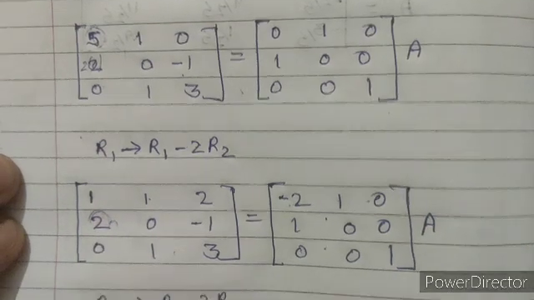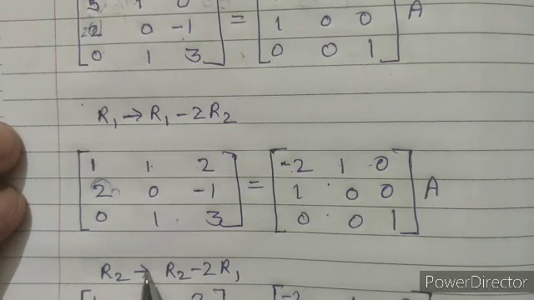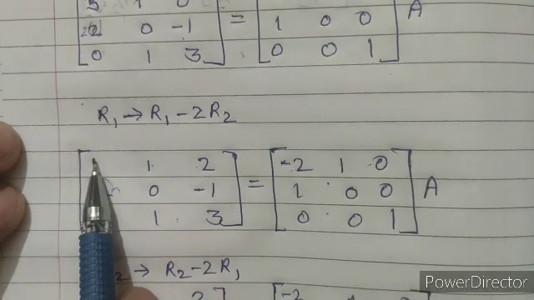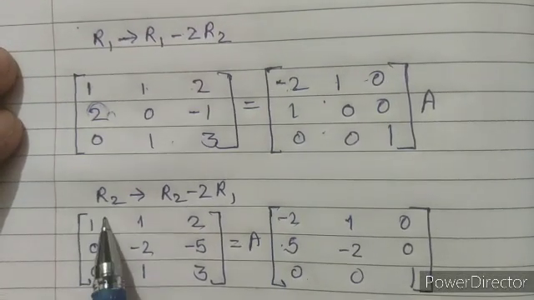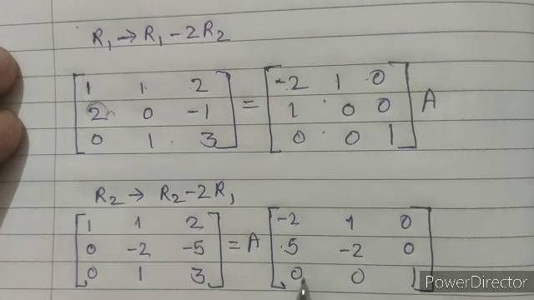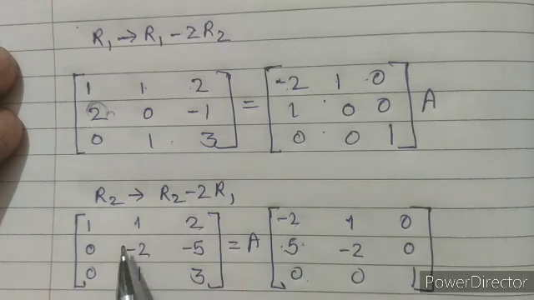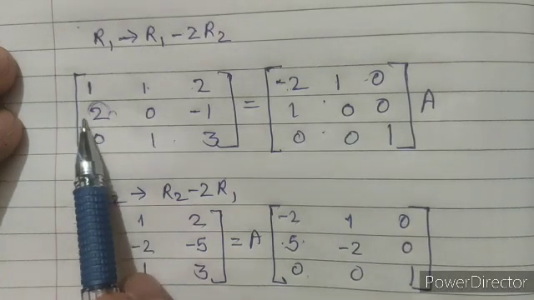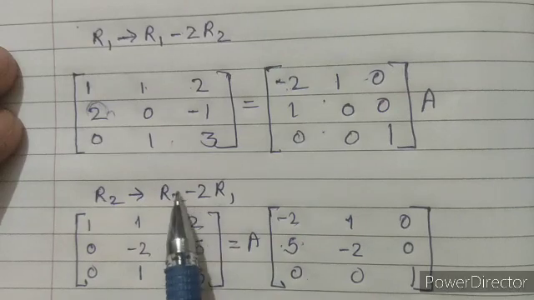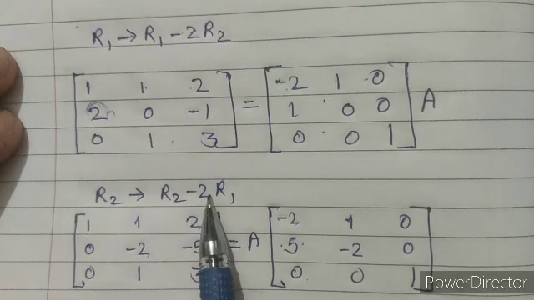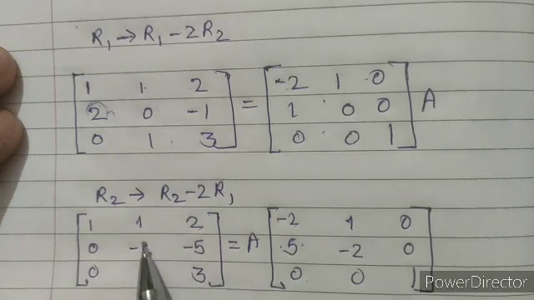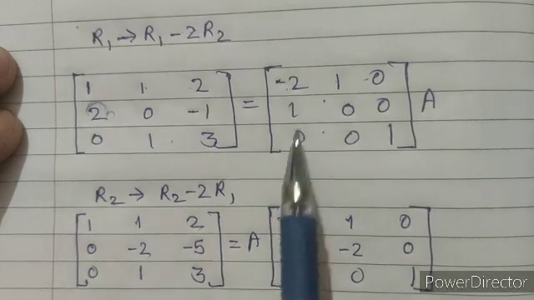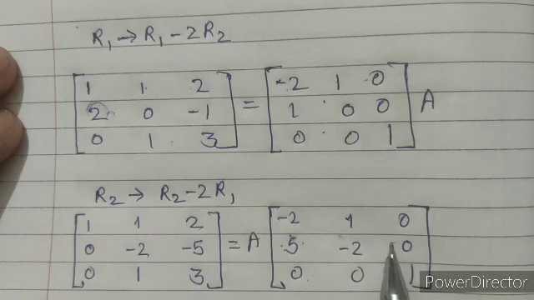So we will apply the transformation as R2 changes to R2 minus 2 into R1, and the first and third row will remain the same in left hand side and right hand side, and this second row we will change by row 2 minus 2 row 1, and that is giving the row 2 as 0 minus 2 minus 5, and here row 2 as 5 minus 2 0.